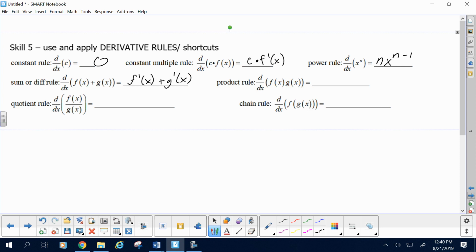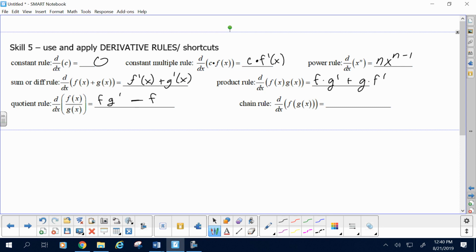What about the derivative of a product? Is it the product of the derivatives? No. The product rule: first d second, so f g prime plus second d first, g f prime. Right? What's the quotient rule? Low d high minus high d low.